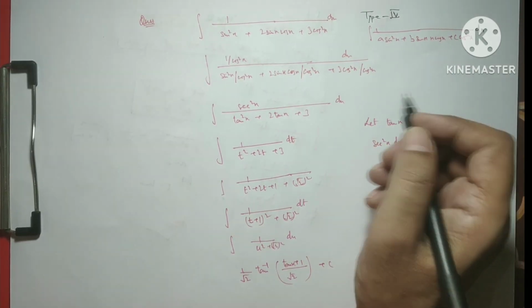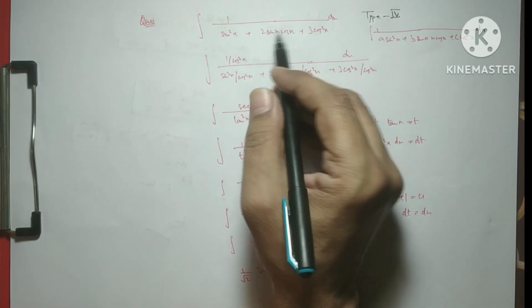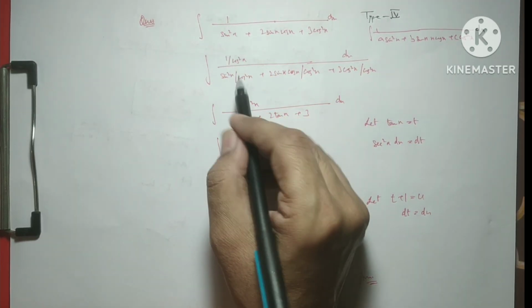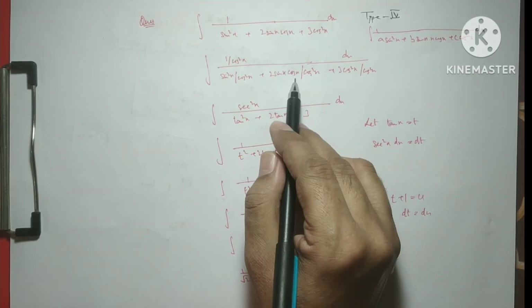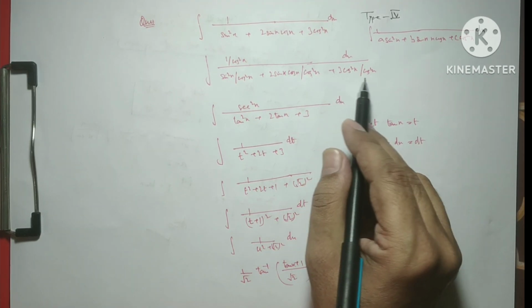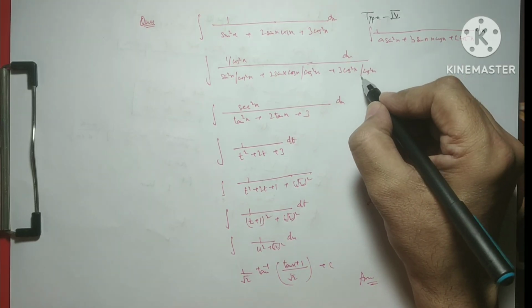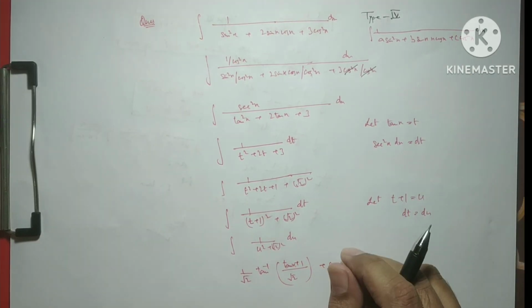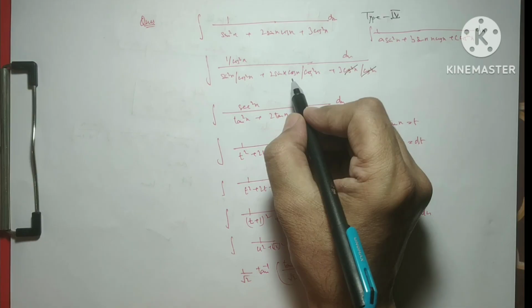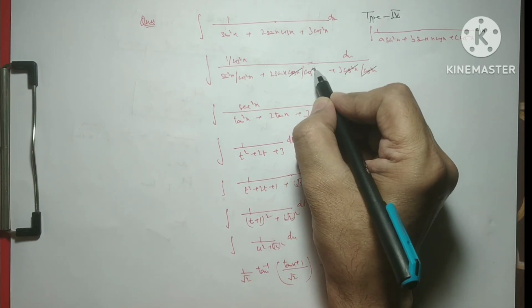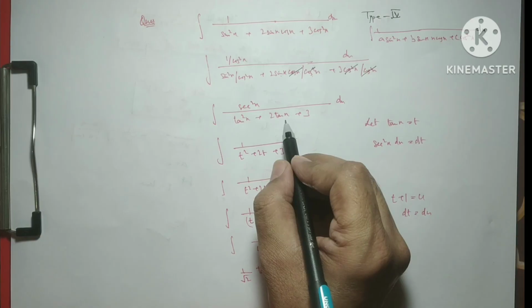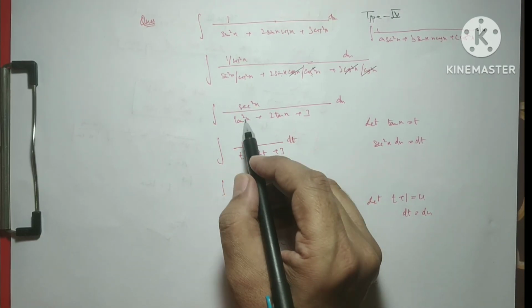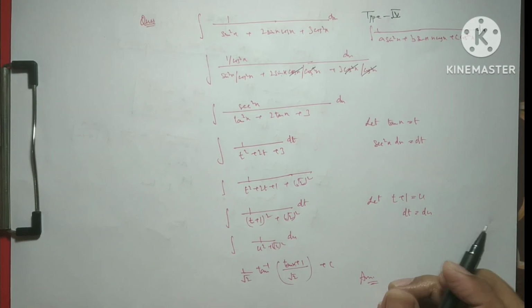So right now first we divide by cos square x, so it is 1 over cos square, this is sin square over cos square, and 2 sin x cos x divided by cos square x, and 3 cos square. So now cos square will be cancelled out, and on this side cos is cancelled. So we get 2 sin x over cos x, that becomes 2 tan x, and sin square over cos square is tan square x.